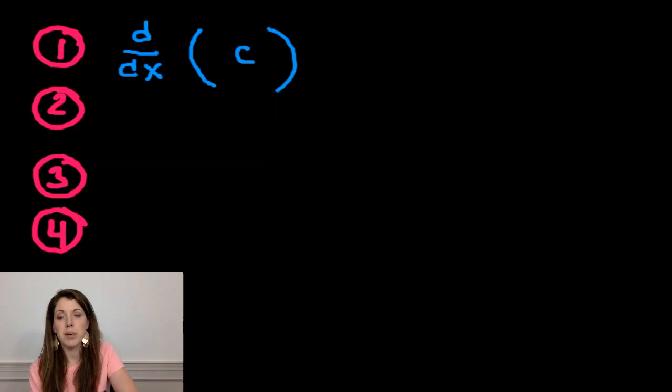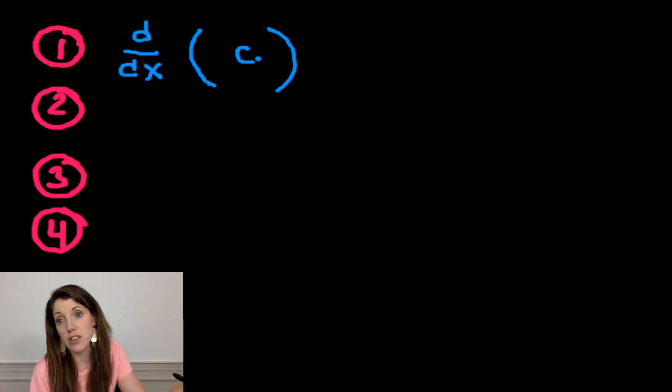Anytime we perform this operation, anytime we take the derivative of c, now what does c mean? Well, in algebra, if we use the letter C, we almost always mean just a constant term. So a number.